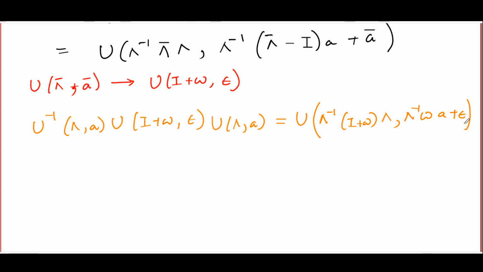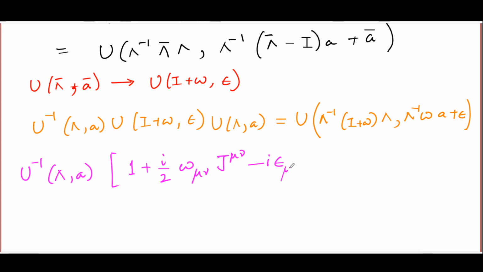Now what we will do is replace the expansion that we have for the infinitesimal versions of U using J and P. And if we do that, we end up with this thing on the left hand side, U inverse lambda A, 1. This of course is an identity operator on the Hilbert space. To first order in omega and epsilon, this is what you get.